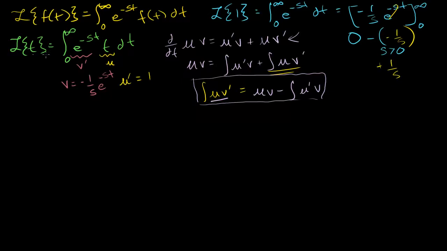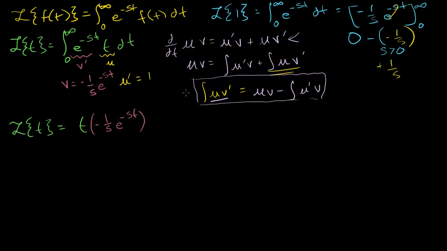So let's apply this. The Laplace transform of t is equal to uv. u is t. v is this right here, times minus 1 over s e to the minus st. That's the uv term right there.